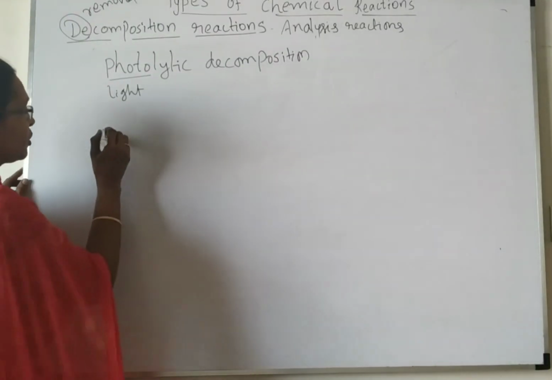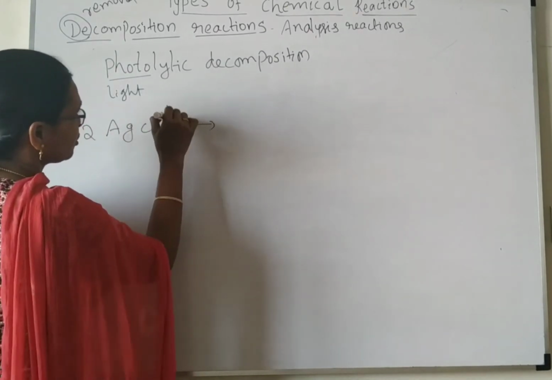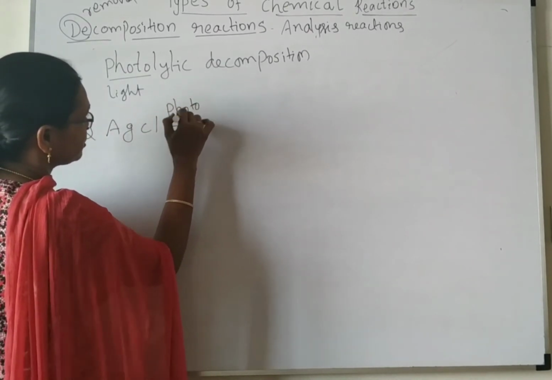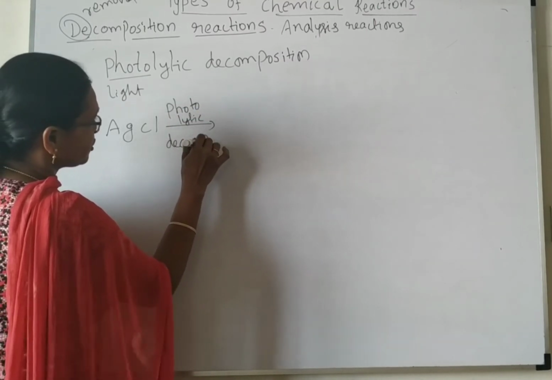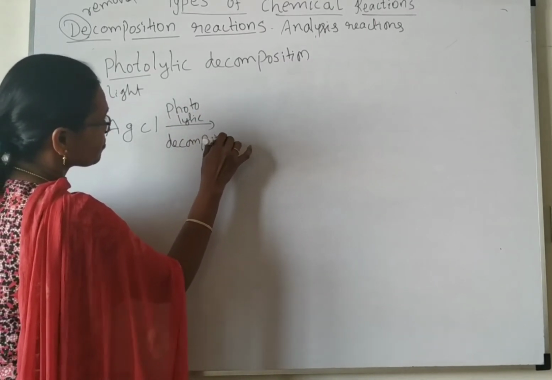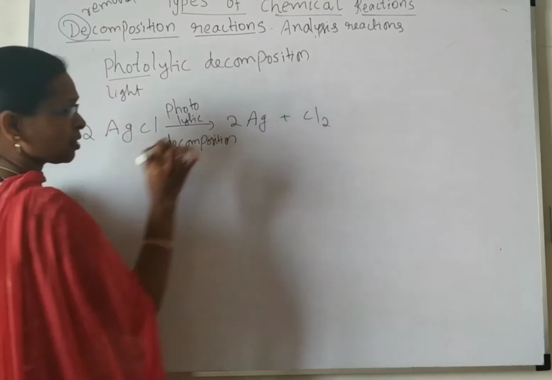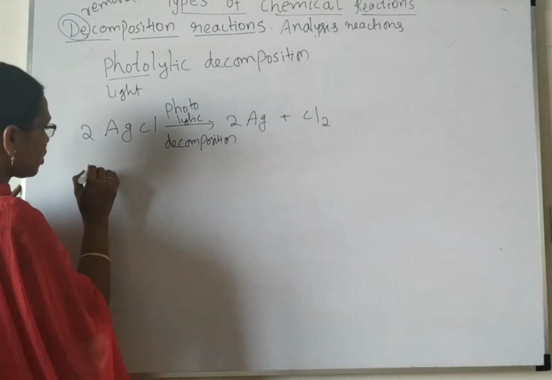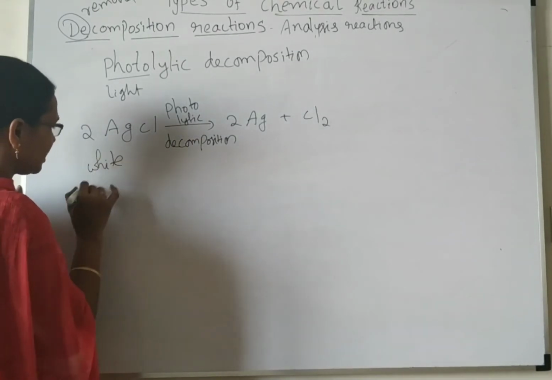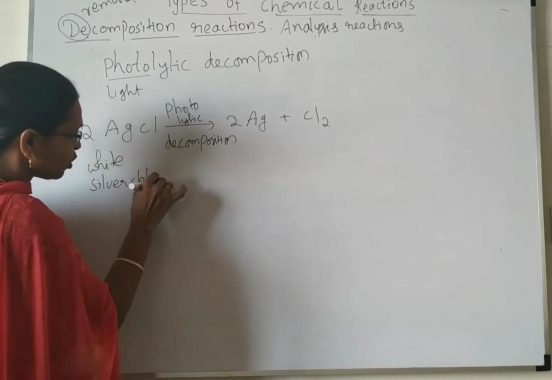AgCl, silver chloride is there. 2AgCl on photolytic decomposition is going to dissociate into Ag plus Cl2. Silver chloride is commonly white in color, and it is a solid.